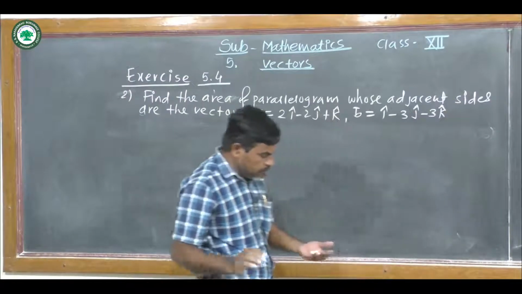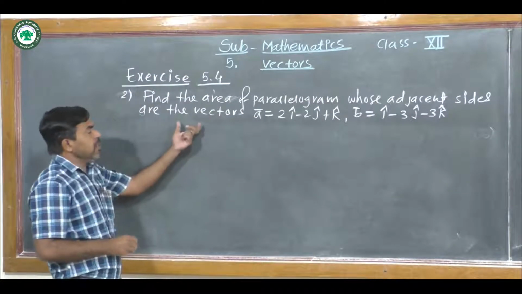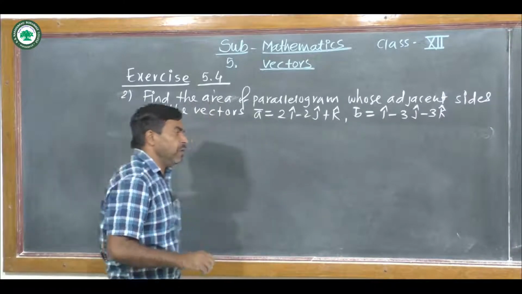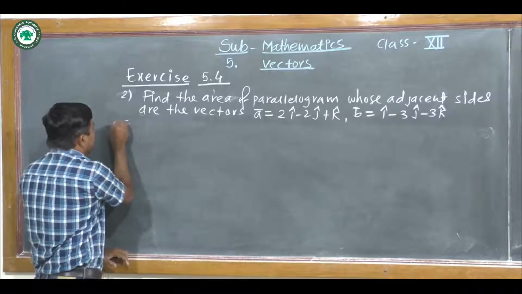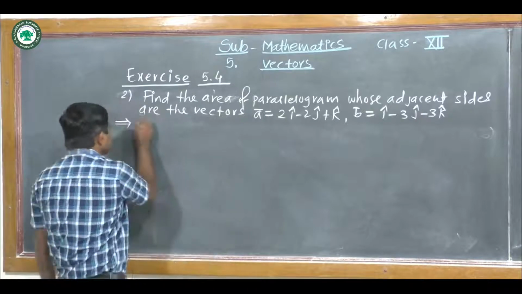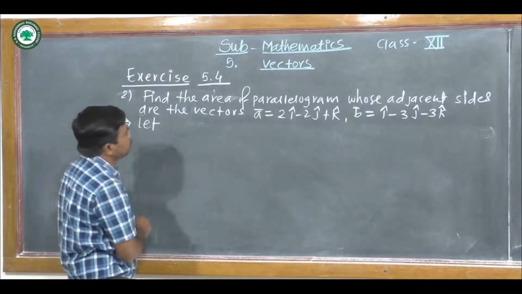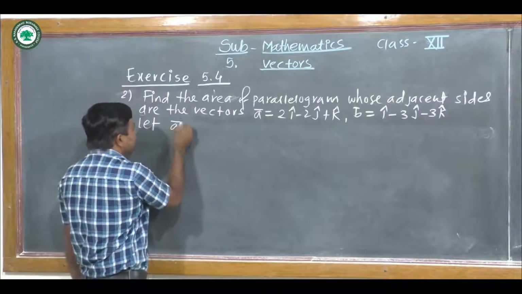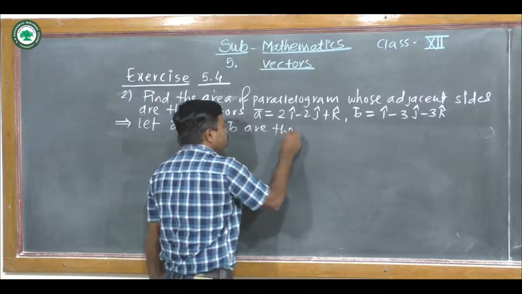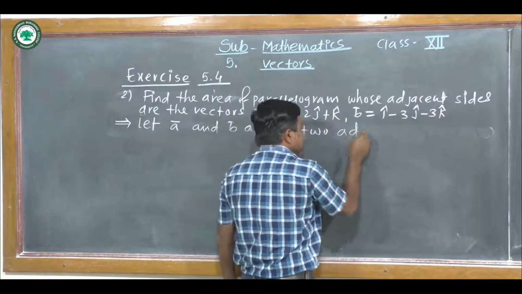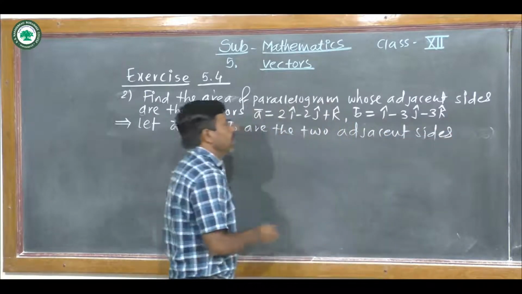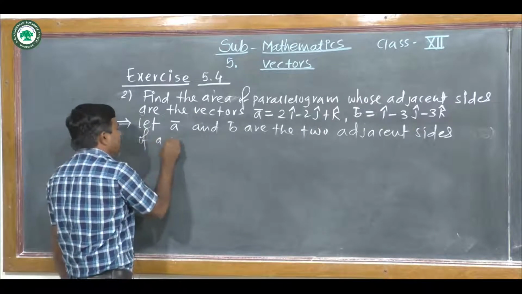In this question, the two adjacent sides of a parallelogram are given, meaning these are two vectors a bar and b bar, and here we have to find out the area of the parallelogram. So write first, let a bar and b bar be the two vectors, adjacent sides of a parallelogram.